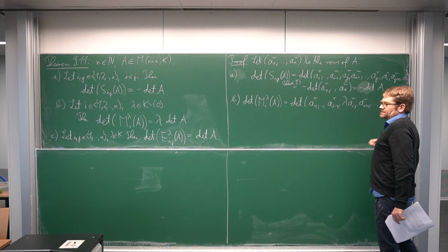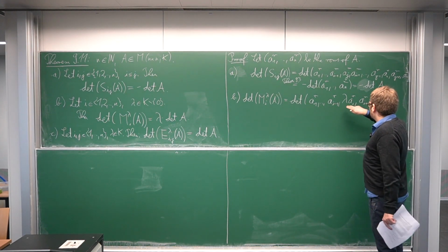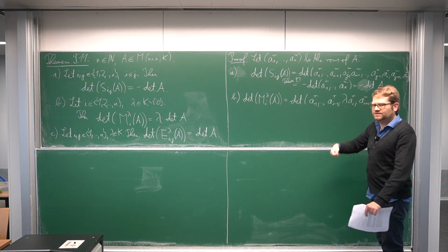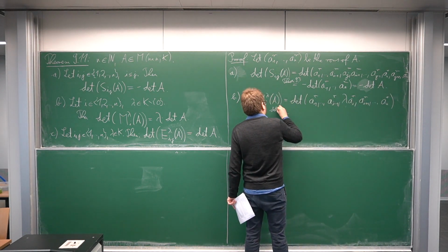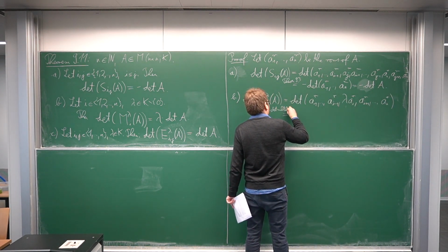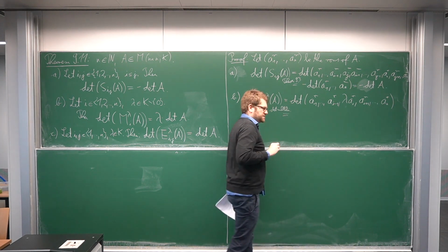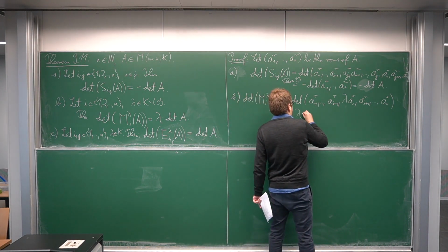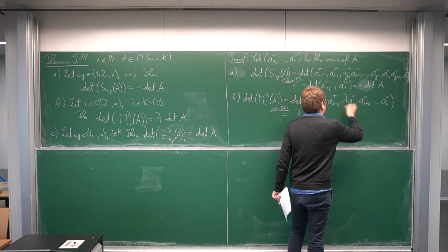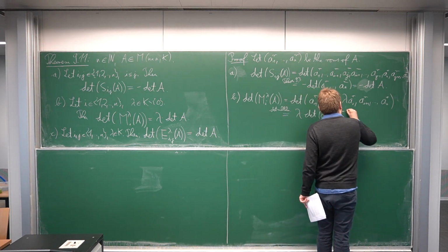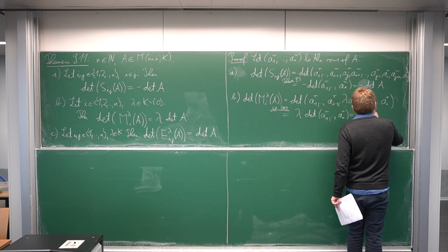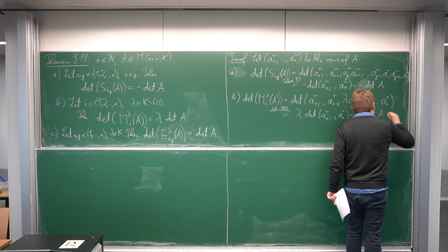And since this is multilinear in each component, we've seen that if we multiply one component with a constant, we can pull this out. So this is that multilinear, the first property from the wish list. This is just lambda times the determinant, and now we have all the rows back in original order, which is lambda times the determinant of A.